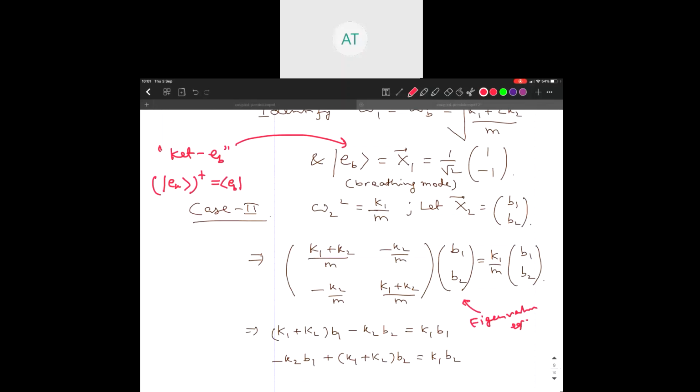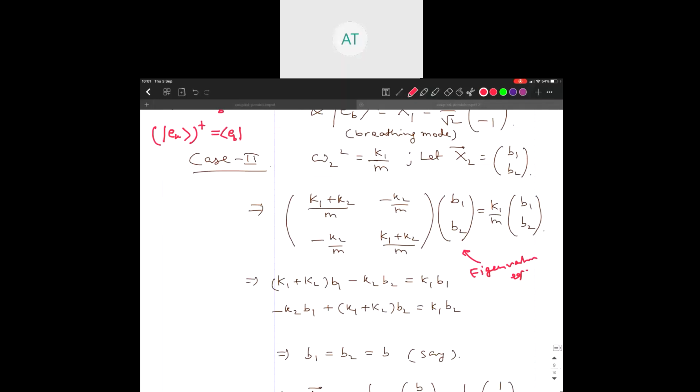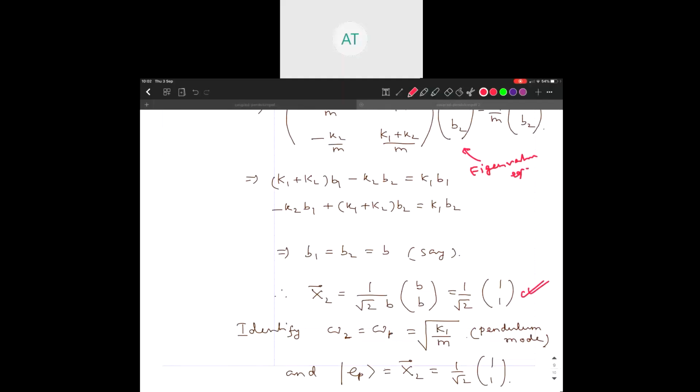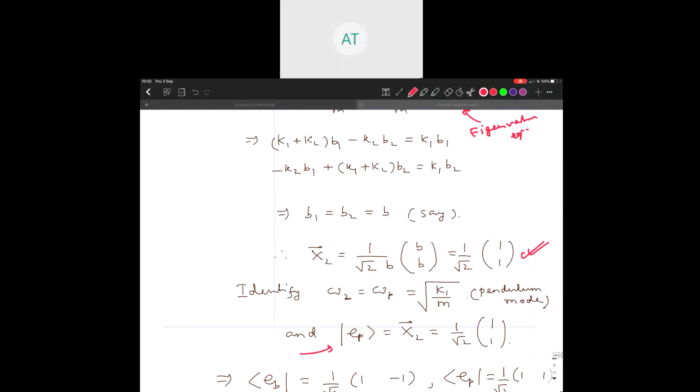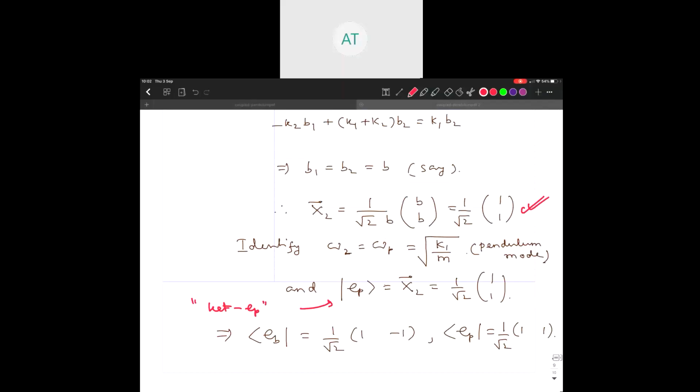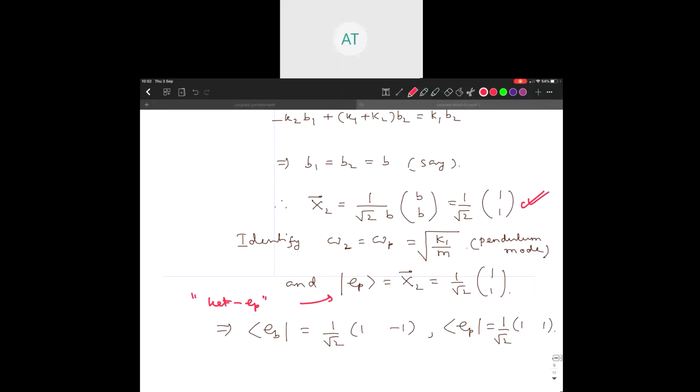We can see that b1 equals b2 equals b is what results, and accordingly the normalized eigenvector is going to be 1 over root 2 times (1, 1), and this we identify by a ket EP. Its transpose conjugate is going to be the bra EP as shown here, and it would be a row vector.